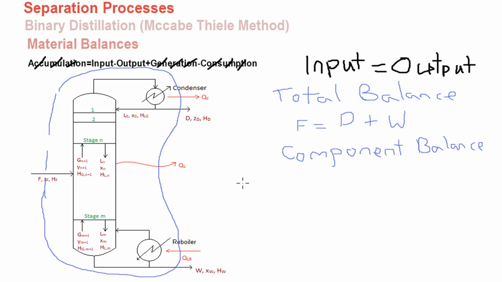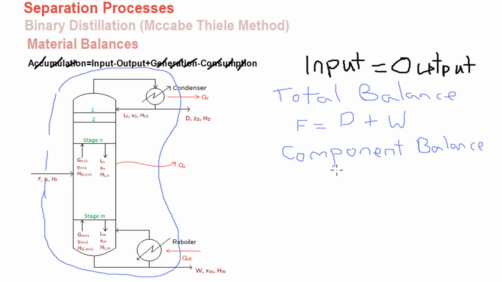So if we commence to write the component balance for the more volatile component in this system, as I said before, we start off with input is equal to output. The only input material coming in is the feed.